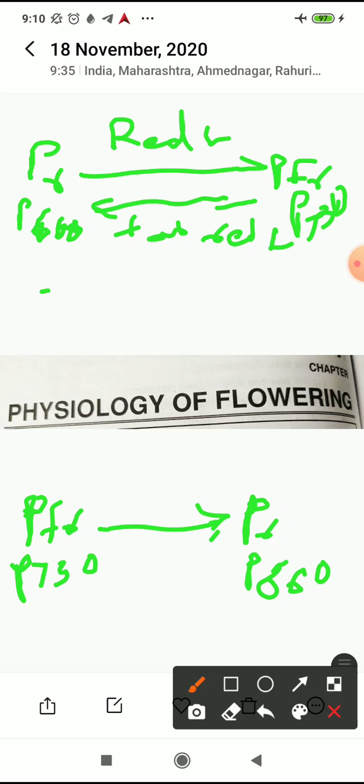So here, PR can get converted into PFR under red light condition, and PFR again gets converted into PR under far red light condition.